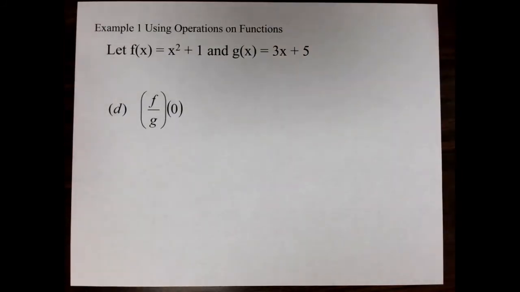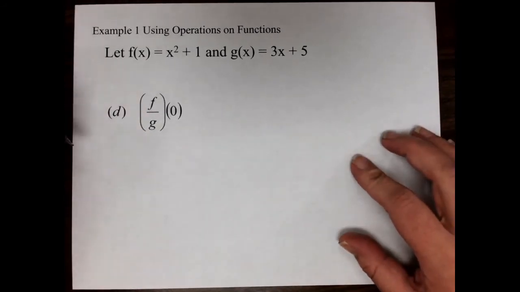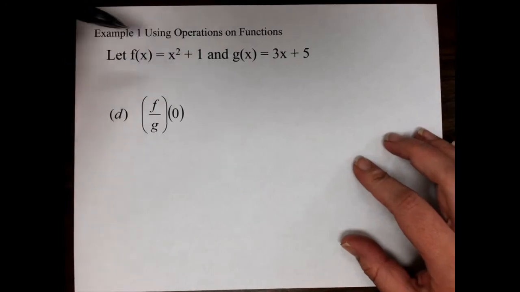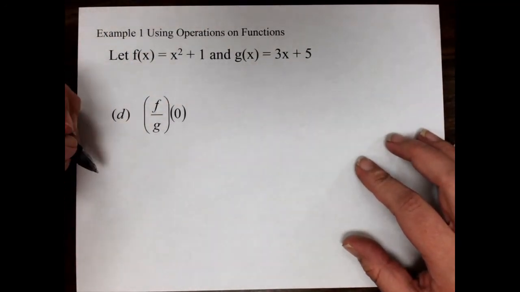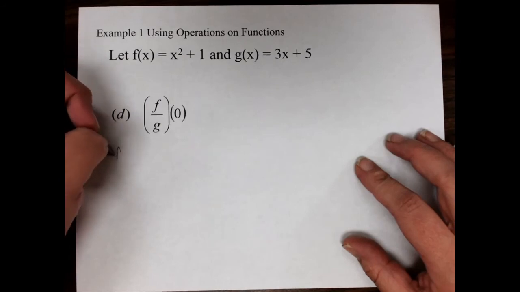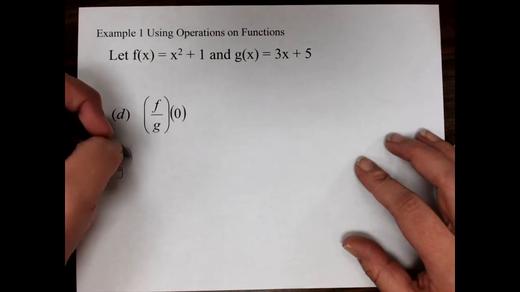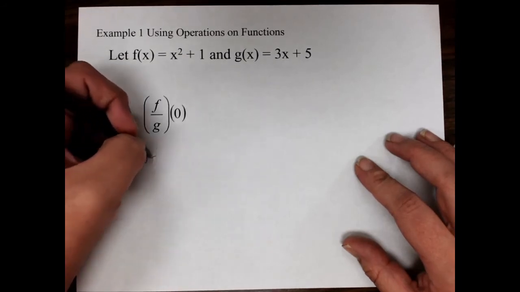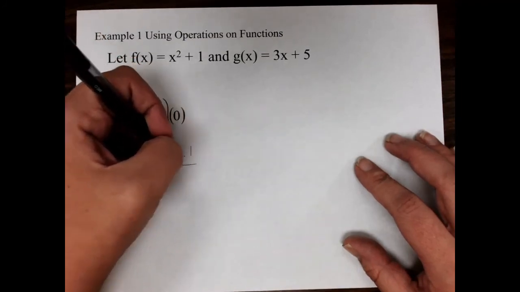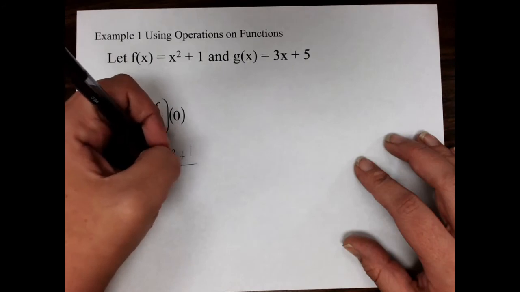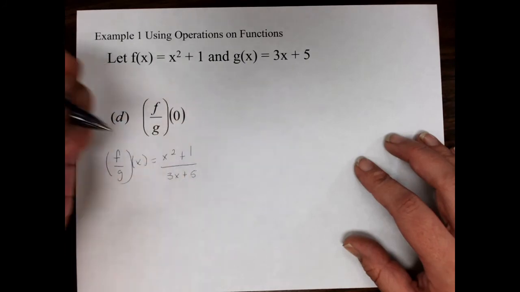Okay, we have one more example here, and it's asking us to calculate f divided by g of 0, where f of x is x squared plus 1, and g of x is 3x plus 5. So if I wanted to find f divided by g of x, I would just have x squared plus 1 over 3x plus 5, right? That would be the division.